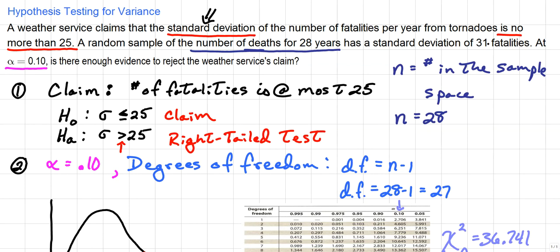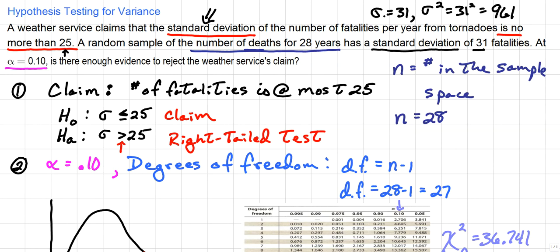Well, the standard deviation for the claim is 25. The sample standard deviation is 31. So we will take the standard deviation of 31 and convert that into the variance by simply squaring the value.